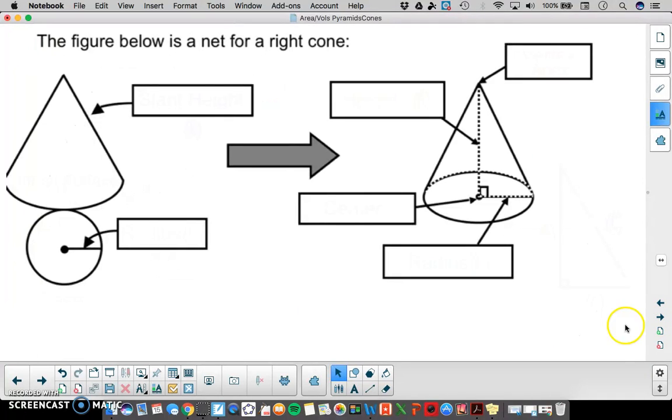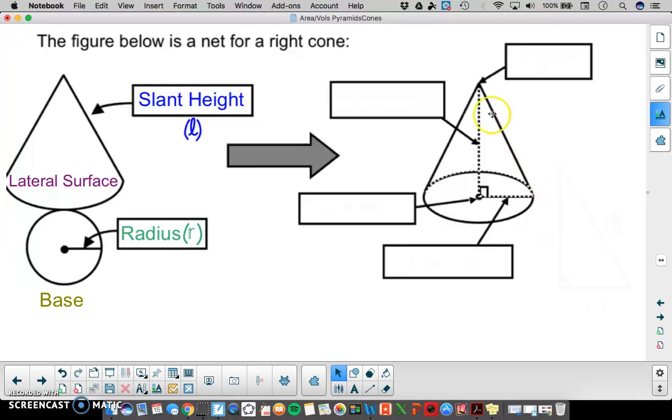Let's again remind ourselves the pieces of the cone. In the net, we have the lateral surface. We also have the circle, that's the base. Of that base, we have the radius. And along that lateral surface, we have our slant height. We can also see our slant height in the cone here.